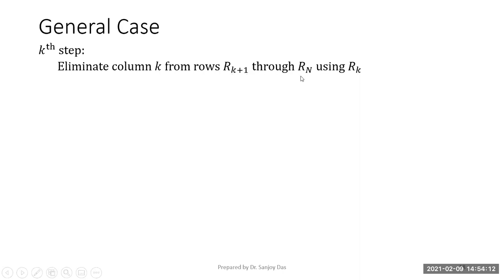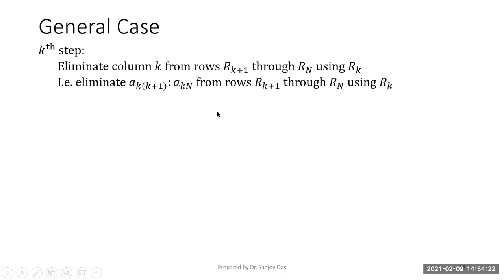So that is Rk plus 1 through Rn. Okay. And which elements from these rows are we zeroing out? Those are in column K. In other words, what we are doing is eliminate Ak+1,k through Ank from rows Rk plus 1 through Rn using Rk.